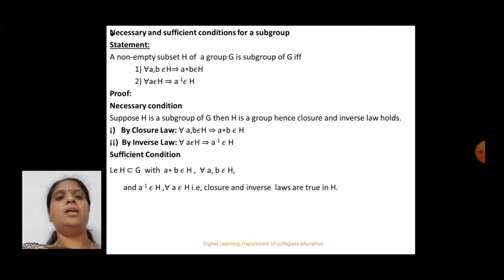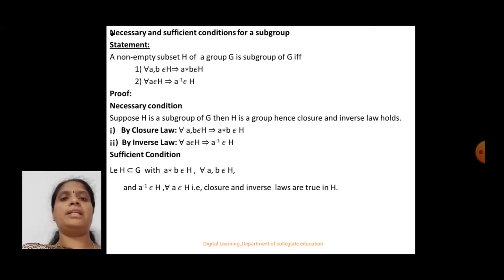That means, taking H as a subgroup we have to prove the first and second conditions, and secondly, taking the first and second conditions we have to prove that H is a subgroup.